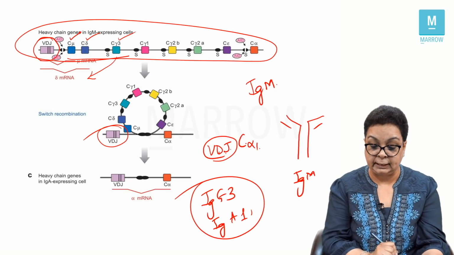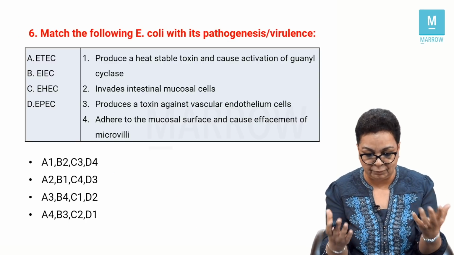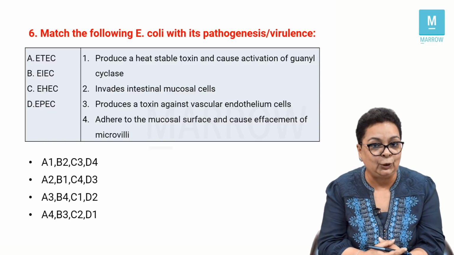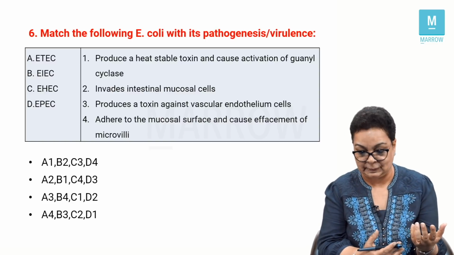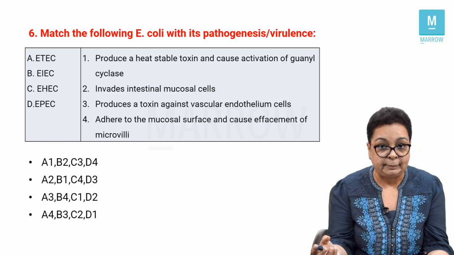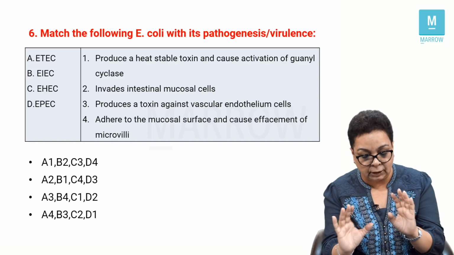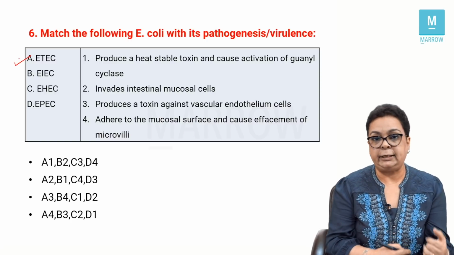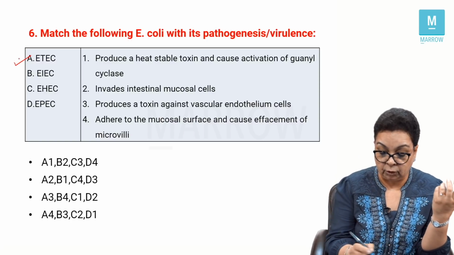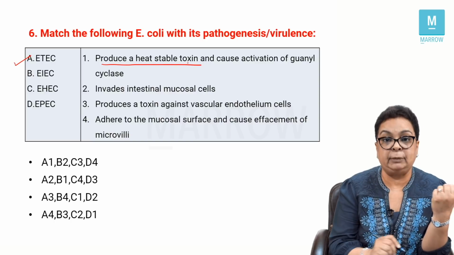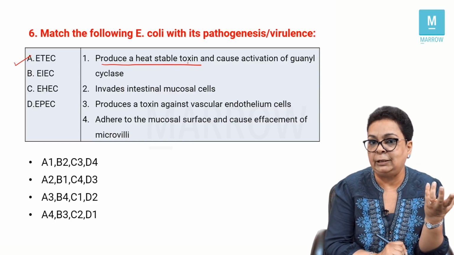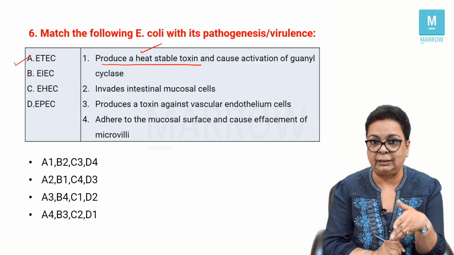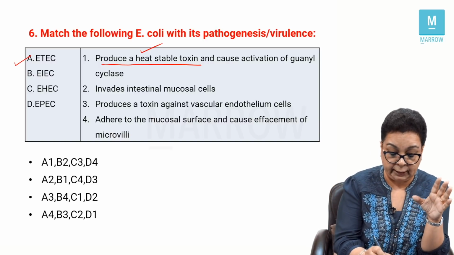Okay, let's take up our next question. One of my favorite topics in bacteriology, teaching about diarrheagenic E. coli and their pathogenesis. This is such a simple question if you've taken the lecture seriously. ETEC, enterotoxigenic E. coli, produces a heat-labile toxin and a heat-stable toxin. So that is the answer. Fortunately, it has been arranged in the same way.